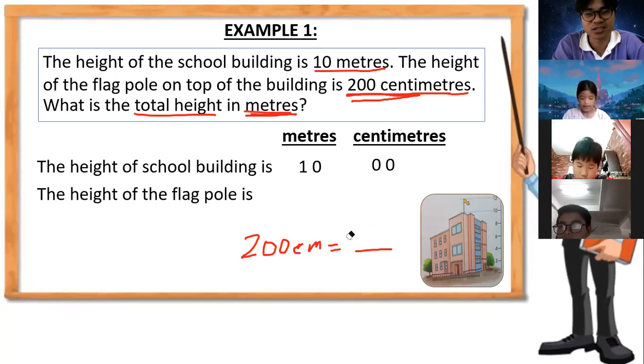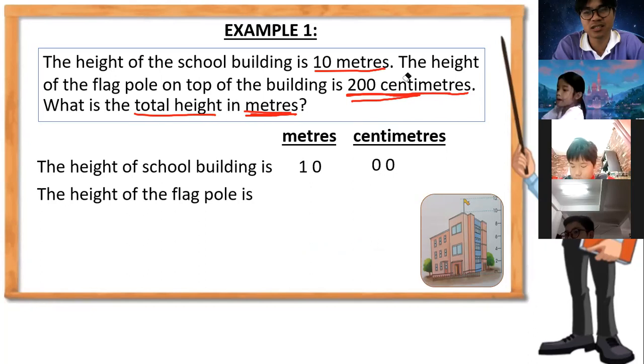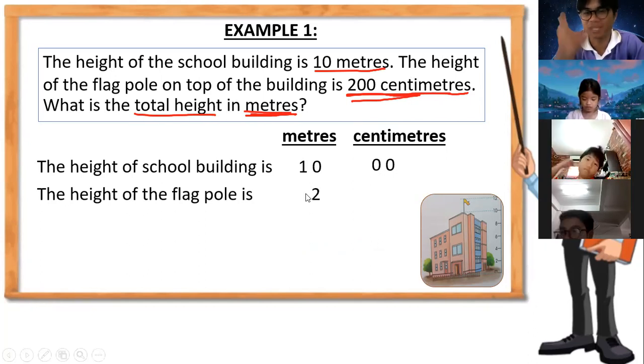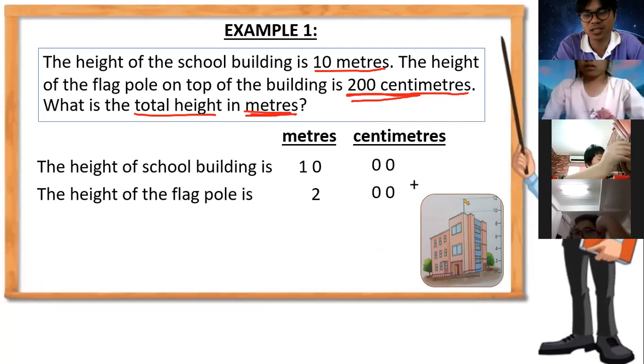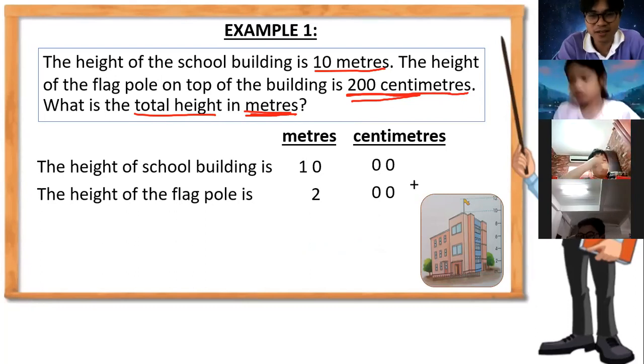So we write 2 meters in the meters column, and for centimeters there are none, so just put 0 there.